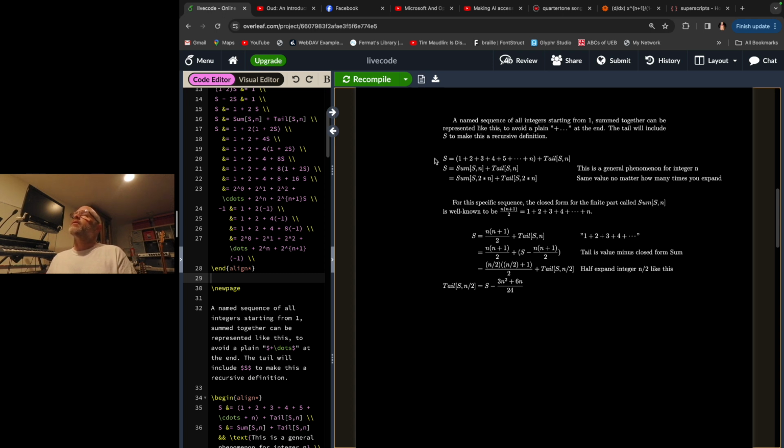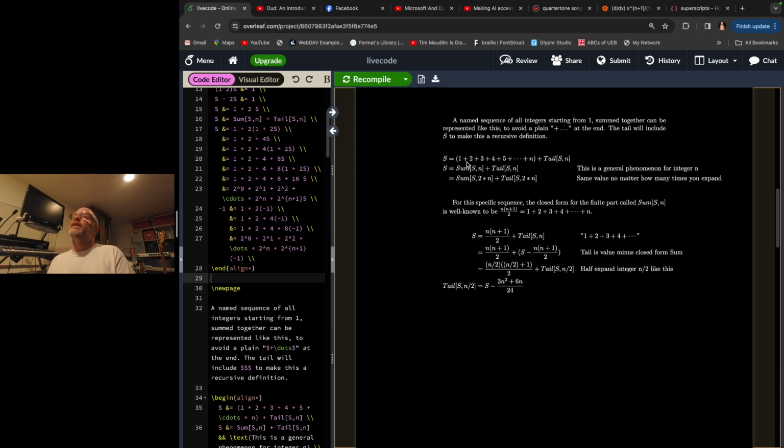Okay, so here is a sequence: 1 plus 2 plus 3 plus 4 plus 5 up to n. And then we add in the tail to represent all the other stuff that we didn't write down. And the reason why that's there is it's needed in order to calculate this thing out to infinity, so that whether I expand it a small number of times or a very large number of times, s is always the exact same value, right?